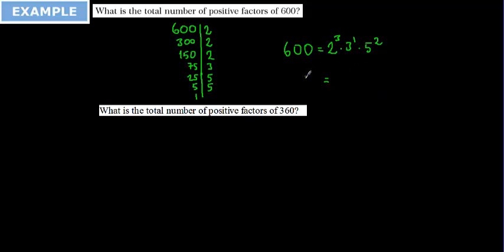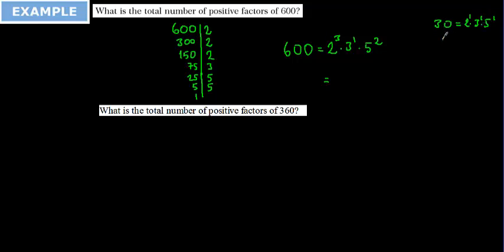What I mean is, let's say any number divides 600, let's say 30. 30 divides 600, and it is equal to 2 times 3 times 5, so 2 to the power of 1, 3 to the power of 1, 5 to the power of 1.